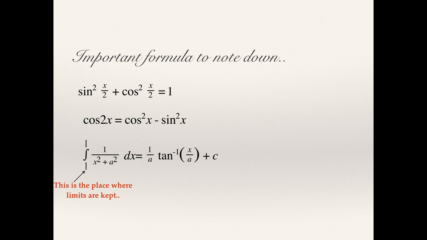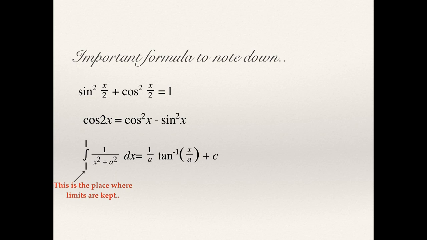It came in the same way as sine squared theta plus cos squared theta is equal to 1. If you assume that theta is equal to x by 2 and substitute x by 2 in place of theta, you'll get the term presented at the beginning of the formula. That's the most important formula you will need to solve this problem.